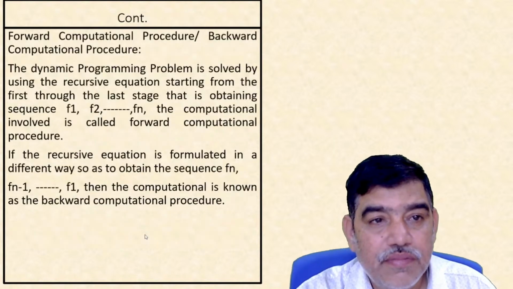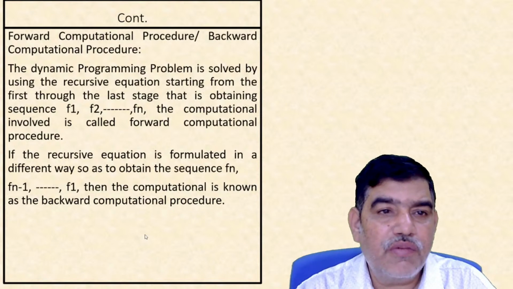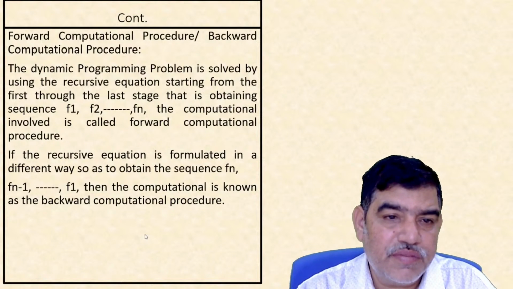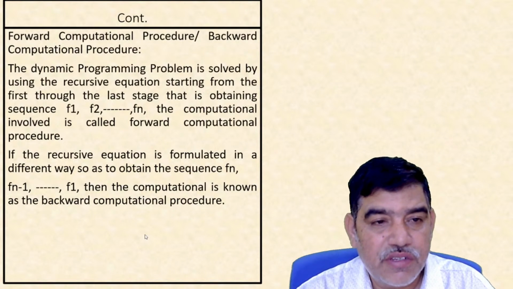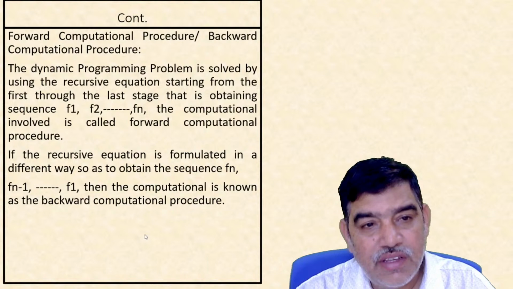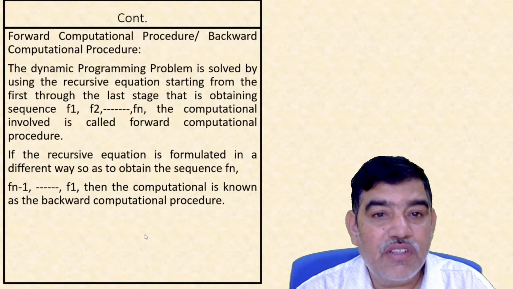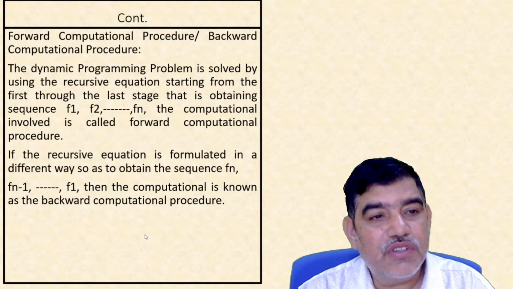Then we consider forward computational procedure or backward computational procedure. After dividing the whole problem into different sub-problems or stages, we find the states, then we calculate the optimal solution using the forward or backward computational procedure.